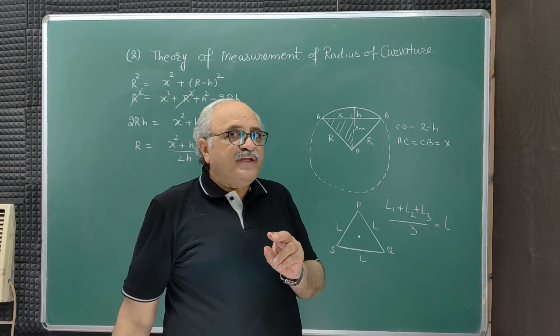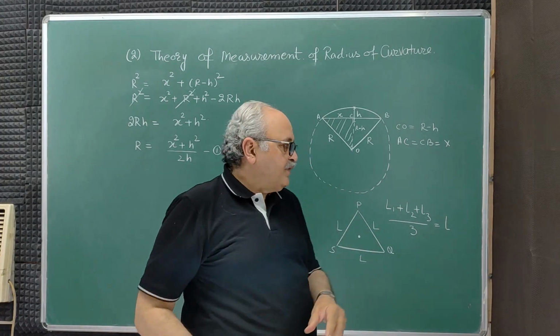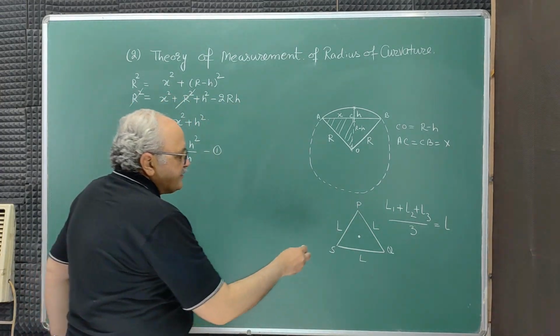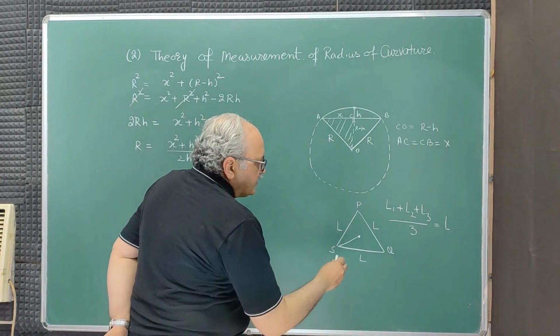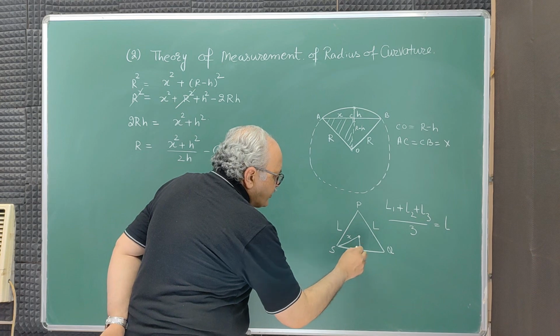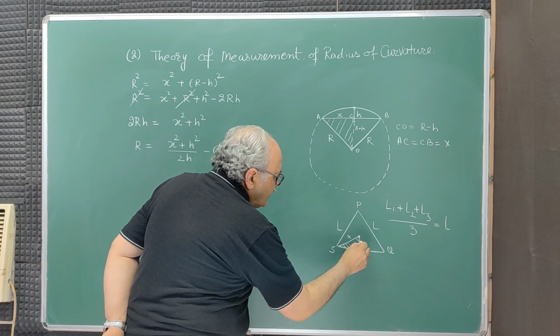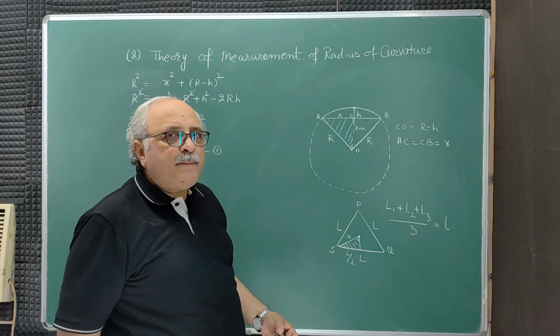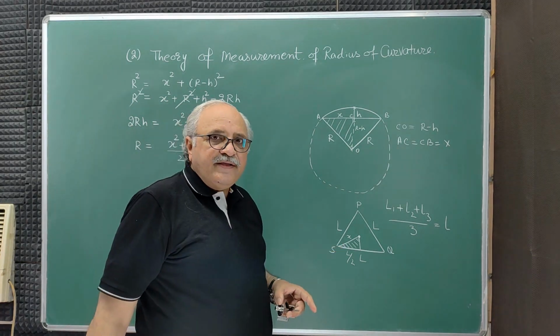So now what I am doing is, I am trying to express this x in terms of L. How can we do it? Look at this. If I join S to this centroid point, this distance is nothing but equal to x. If I drop a normal here, this distance is L by 2. And as the property of an equilateral triangle, the angle here is 30 degrees.